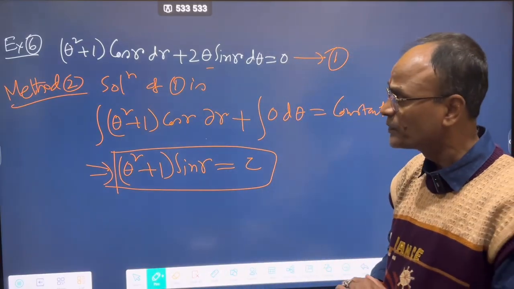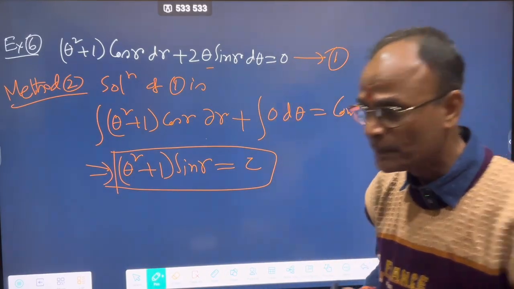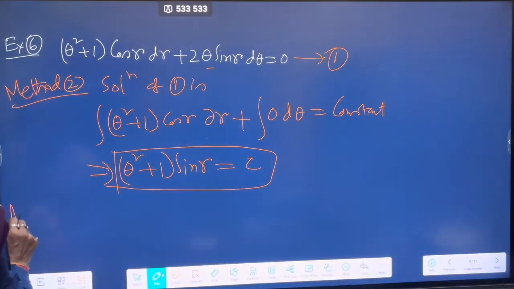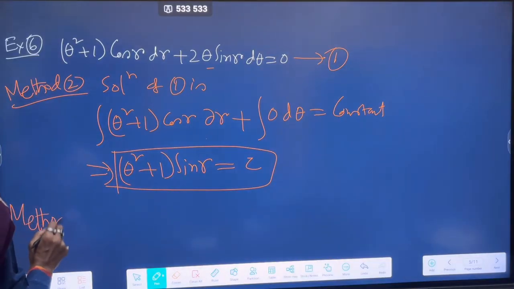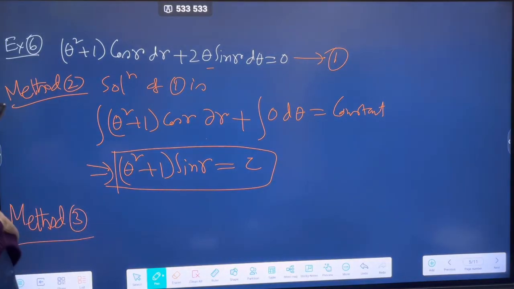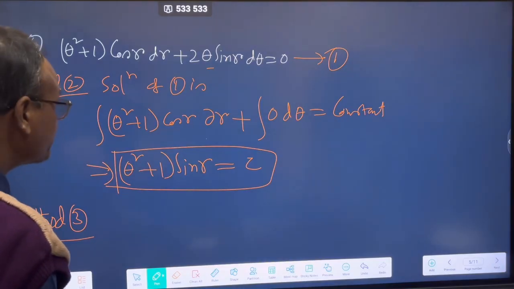It is very simple. This is method 2. Method 3 is the grouping method.